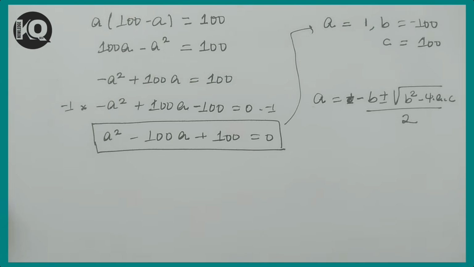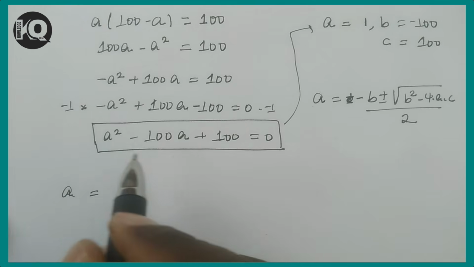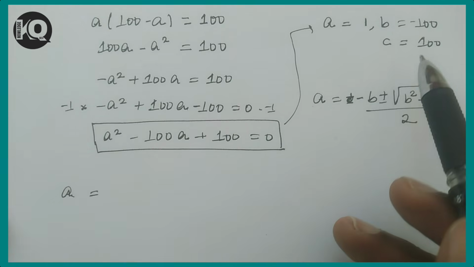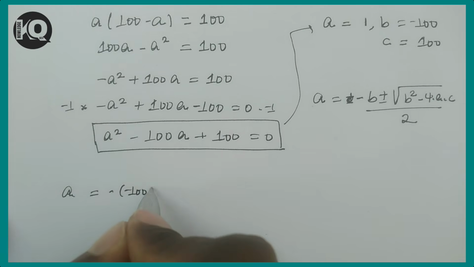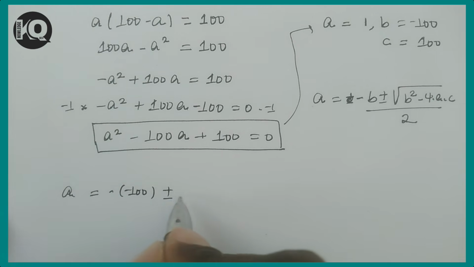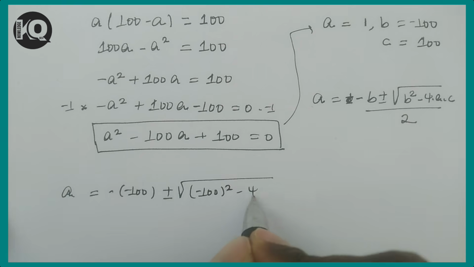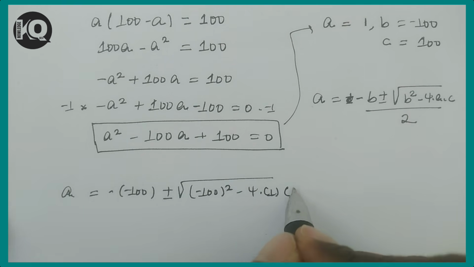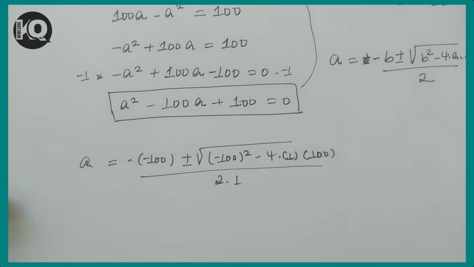Now let's substitute each value into the equation. So a is equal to minus b, where b is minus 100, so minus of minus 100, plus or minus the square root of b, which is 100, the whole square, minus 4 times a, which is 1, and c, which is 100, divided by 2 times a, 2 times 1, because a is 1.